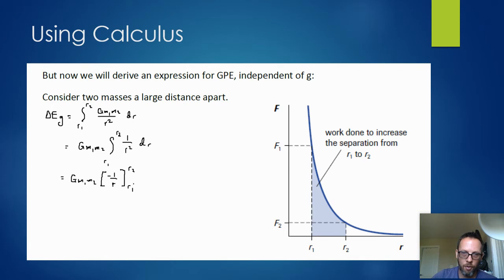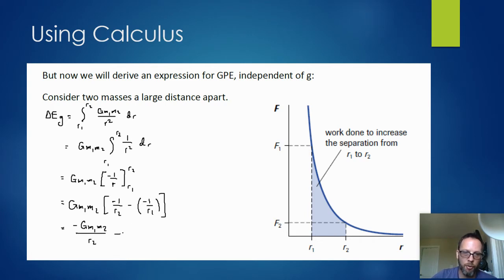And our two endpoints for that are R1 and R2. So what this notation means is we plug in R2 and we subtract plugging in R1. And if we clean this up, we just get the exact same expression we got before.